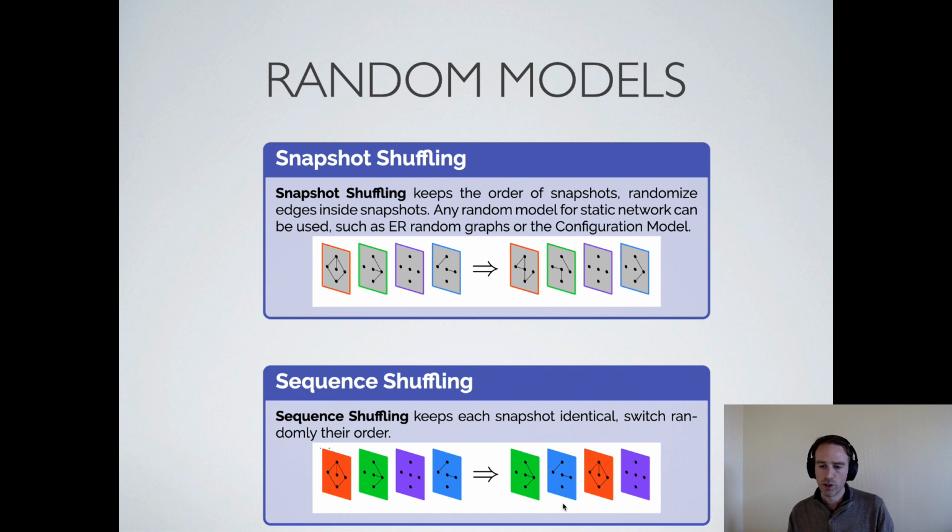Using this randomization, you will keep many properties of what's happening in the snapshot. For instance, you keep the average degree along time, the average number of edges, and so on and so forth, but you randomize the order in which they are occurring.